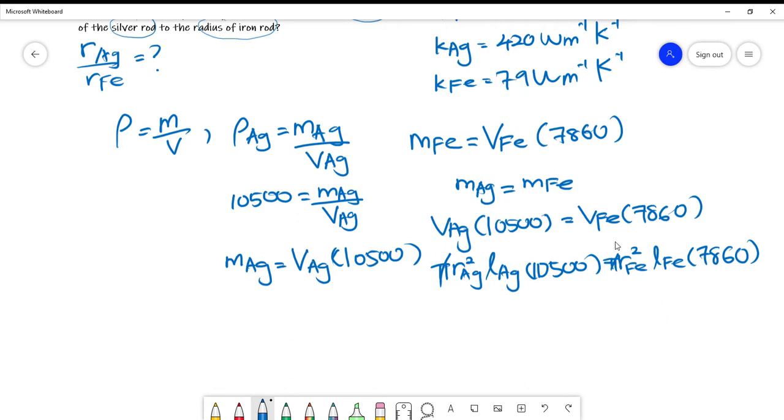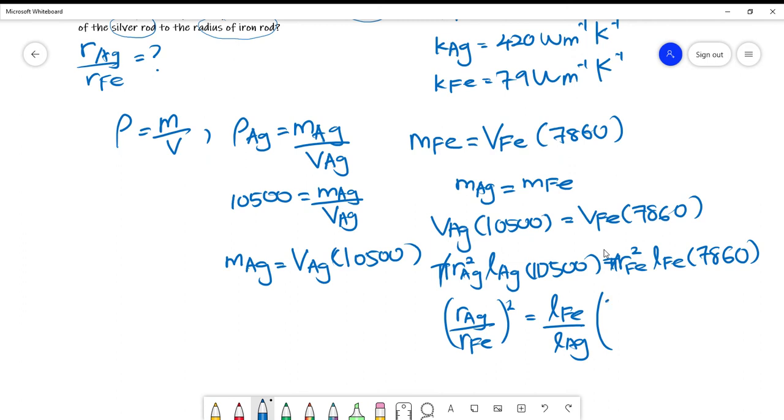Let me arrange this in order. So what I have is the length of iron over the length of silver.